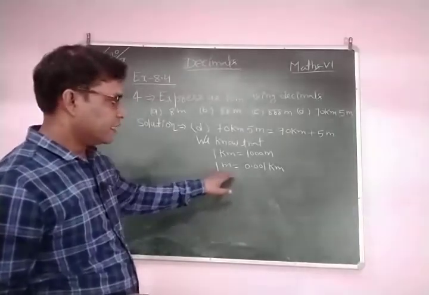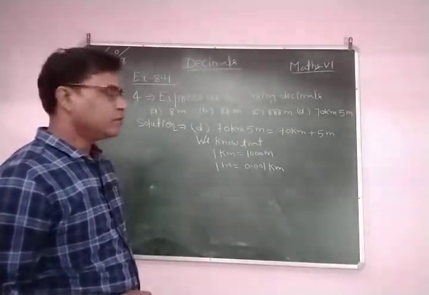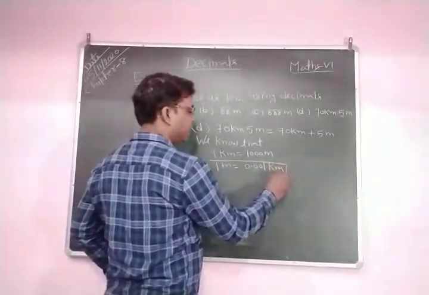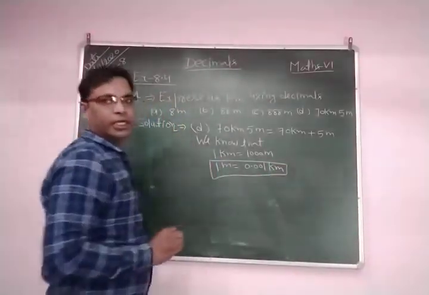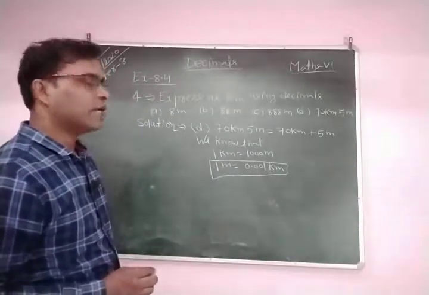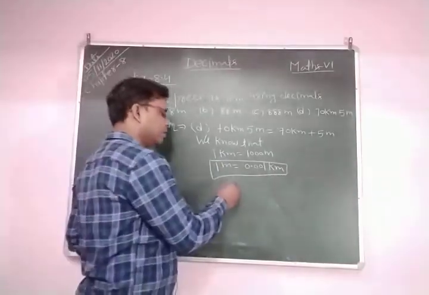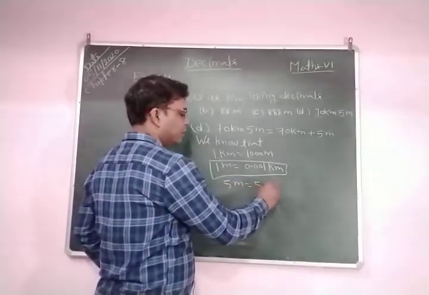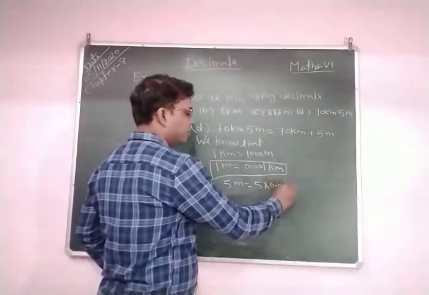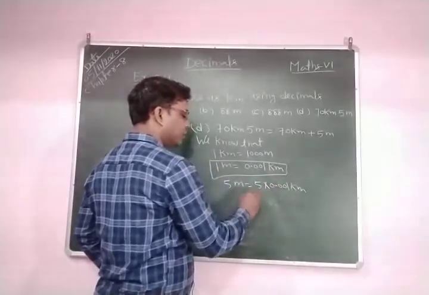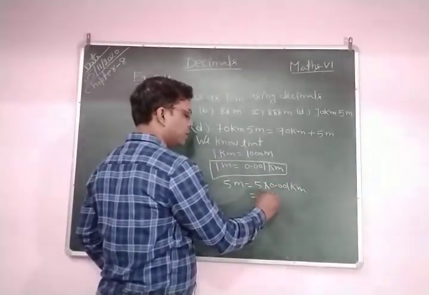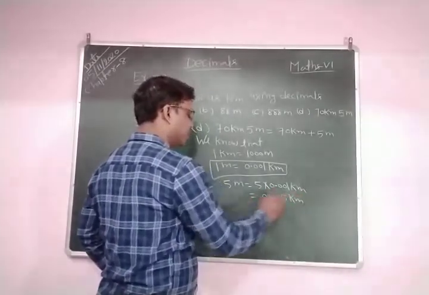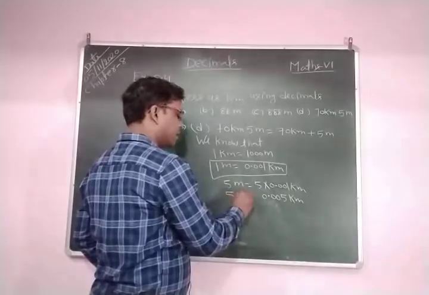We write here directly 1 meter is equal to 0.001 kilometers. This is our relation between meter and kilometers. Clear? But we have 5 meters. So 5 meters is equal to how many kilometers? 5 meters is equal to 5 into 0.001 kilometer. This is equal to 0.005 kilometers. This is 5 meters.